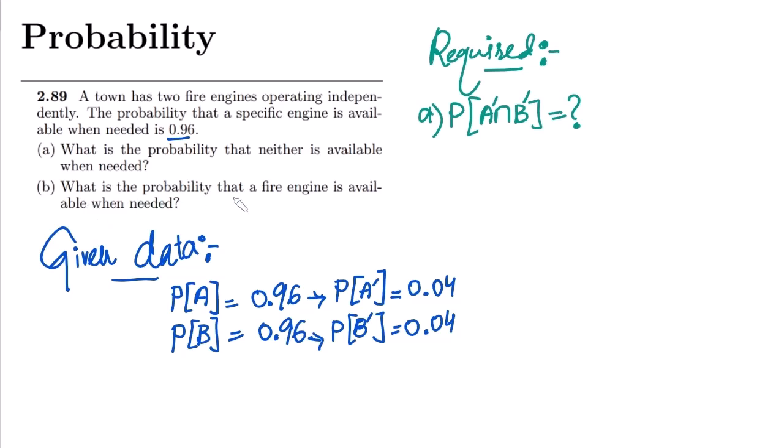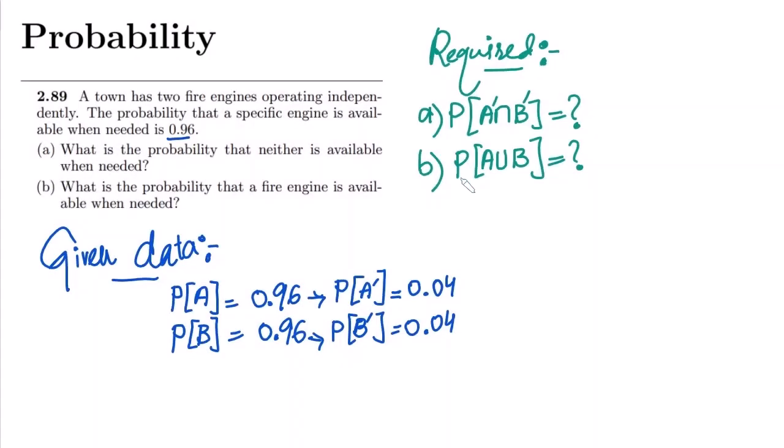In B, what is the probability that a fire engine is available when needed? So there are basically two fire engines, so the availability of at least one of them is required when needed. Okay, so for it we have to find out the probability of the availability of A or B or any one of them or both of them.